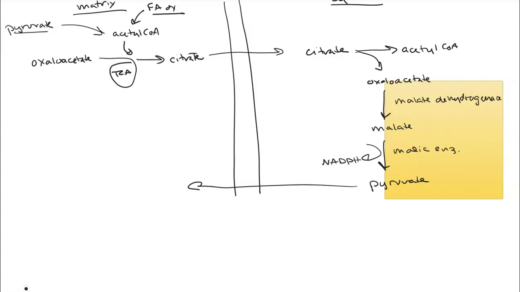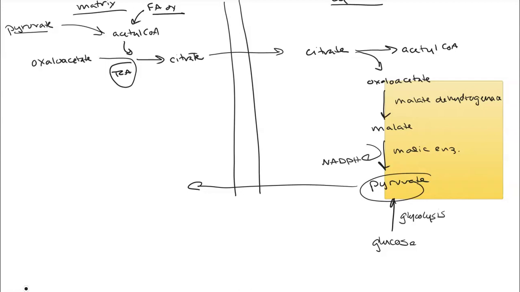Also note, because this is taking place in the cytosol, glucose can produce pyruvate via glycolysis. So we have a couple different ways to get to pyruvate, to replenish pyruvate on the other side.